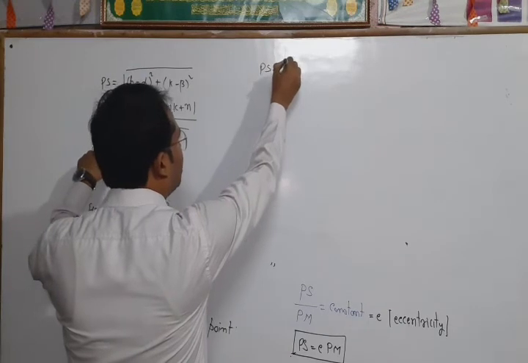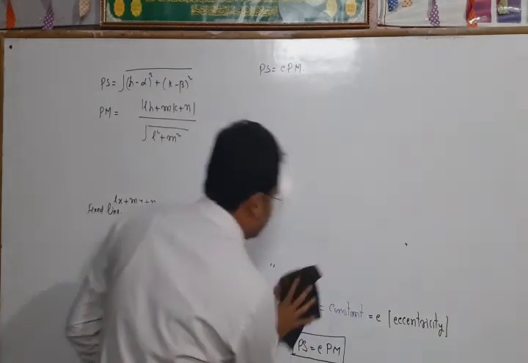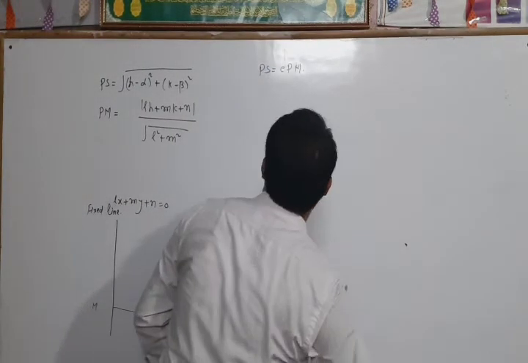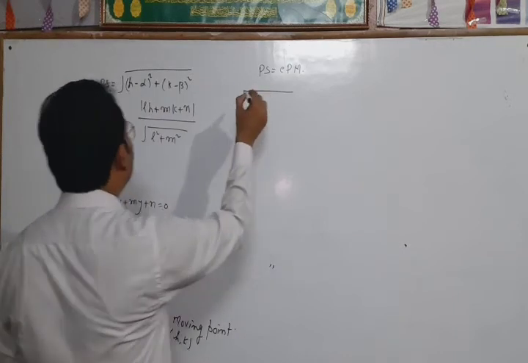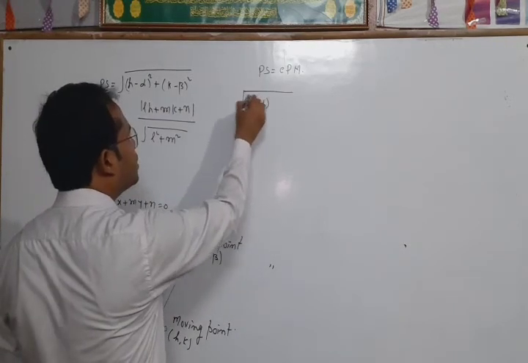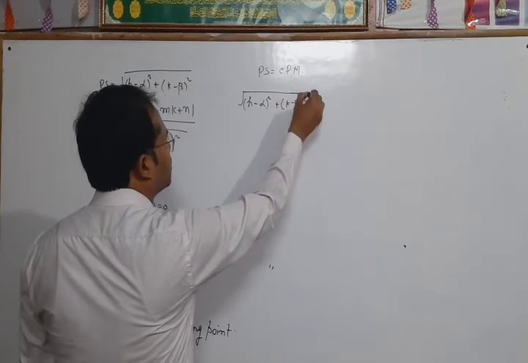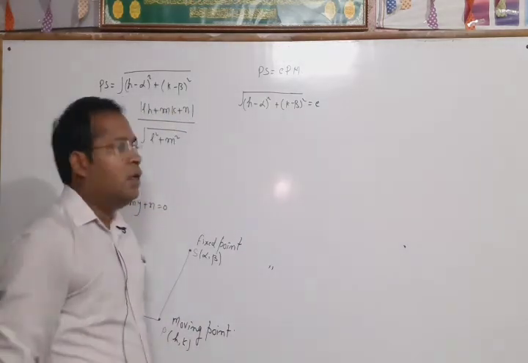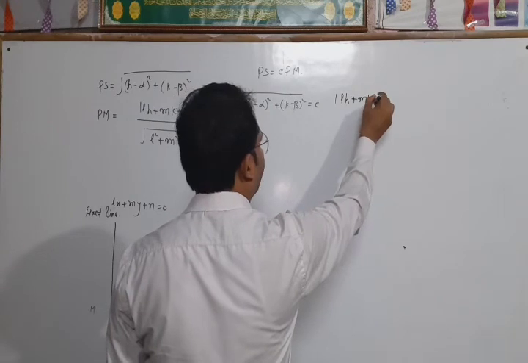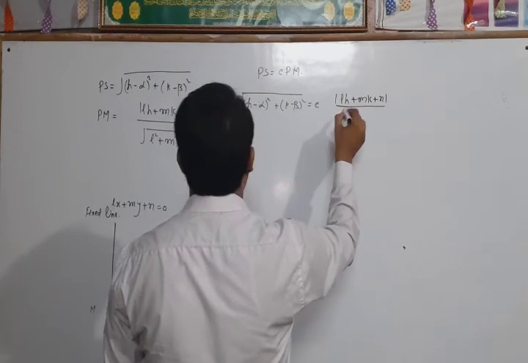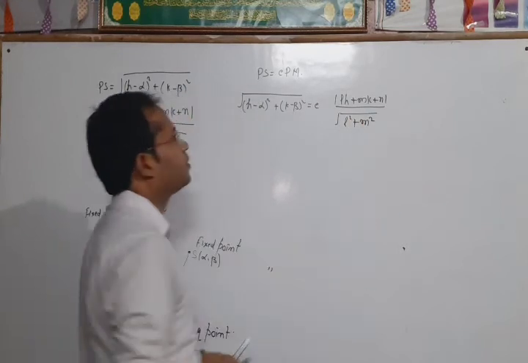PS is equal to E times PM. So the square root of (h minus alpha) whole square plus (k minus beta) whole square is equal to E times the modulus of Lh plus Mk plus N upon the square root of L square plus M square.